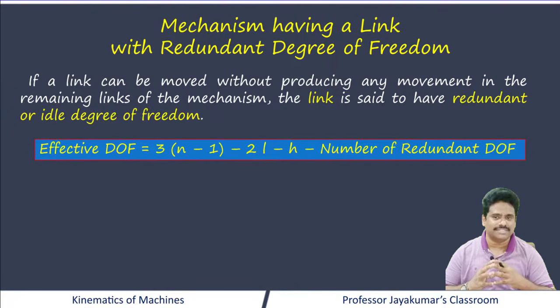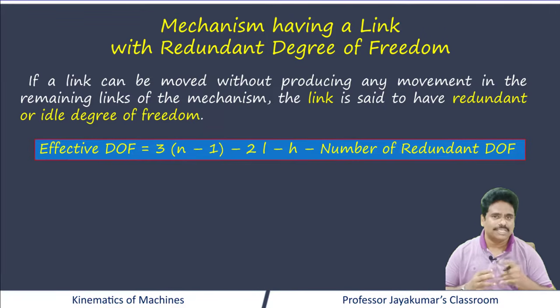First, let us understand what is the meaning of redundant degrees of freedom. A mechanism has many links. If a link in the mechanism can be moved without producing any movement in the remaining links of the mechanism, then that link is said to have redundant or idle degree of freedom.